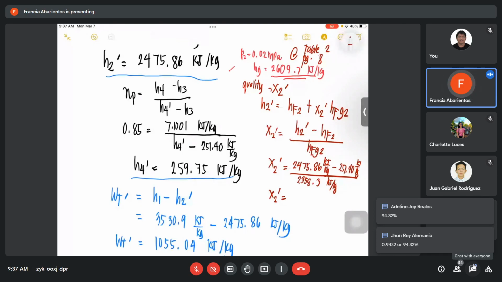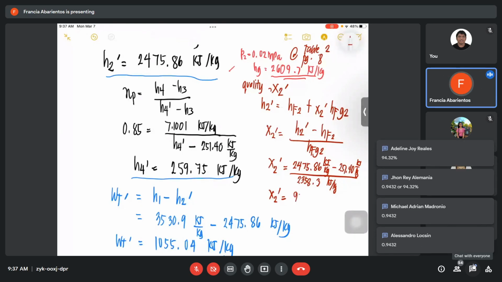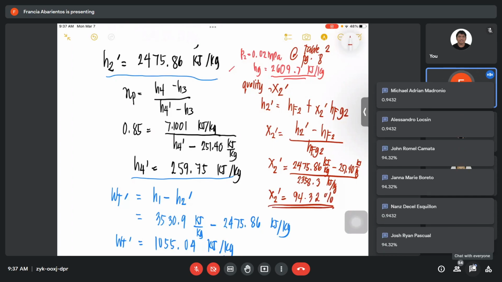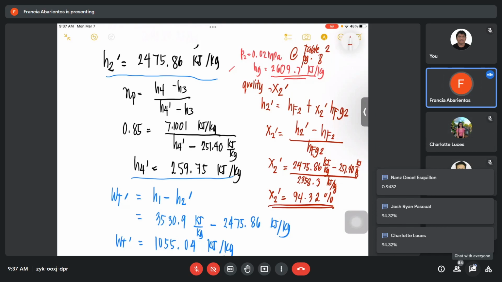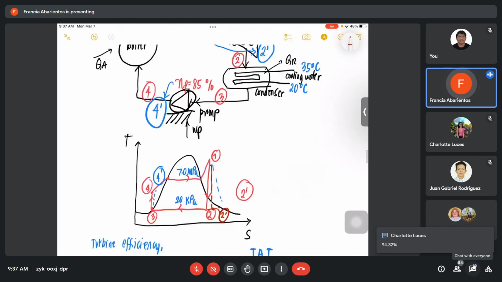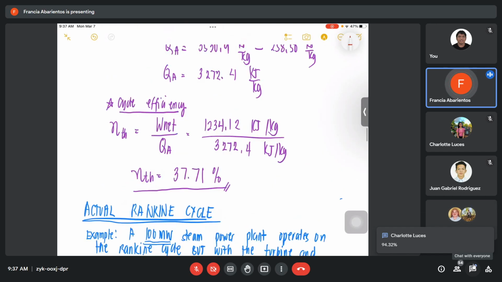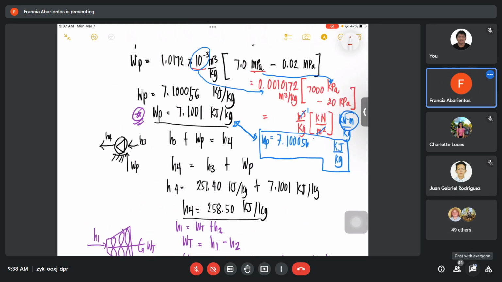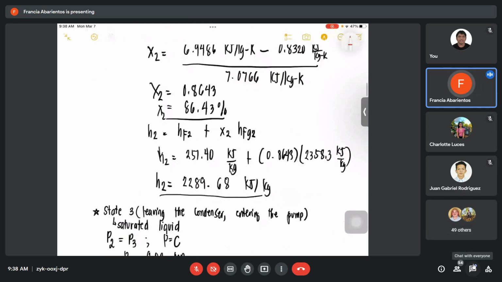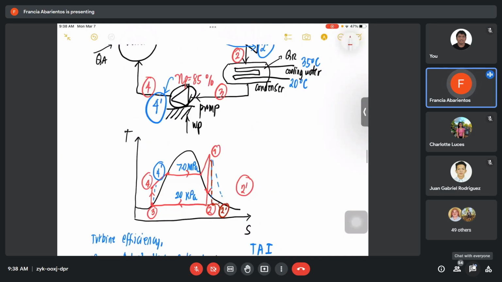We have 94.32%. So that is now your quality at point 2 in the actual Rankine cycle. It is higher. What was our first quality? We got 86.43%, and it became 94.32%. So that is now your actual quality at point 2.